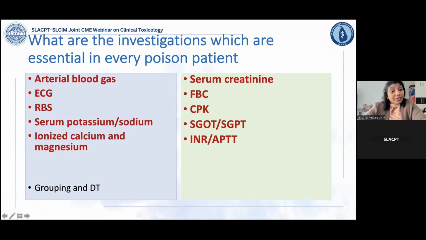And as I said before, RBS you'll be doing anyway when you are doing the ABCD assessment. That is very helpful, as the patient might be having low sugar levels. And the ECG, because all these toxins, medications, and other poisons can cause a lot of electrolyte imbalances.